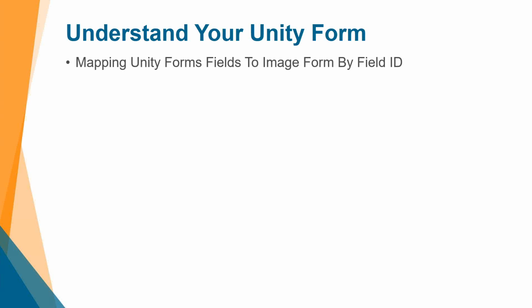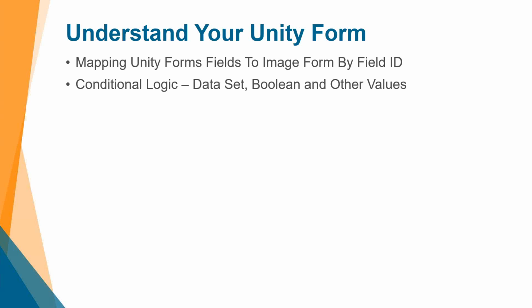Don't just take the defaults, because it's going to be more difficult to configure this. Think of all the other conditional logic that you have, the data set values, any Boolean values, and how we're actually storing a yes, no, or is it 1, 0, or any other values, because that might be necessary from the conditional logic perspective.